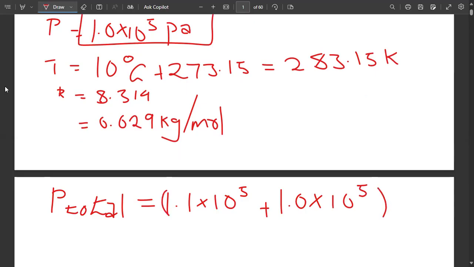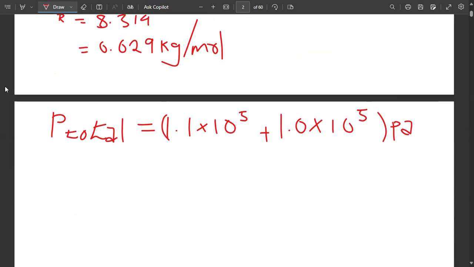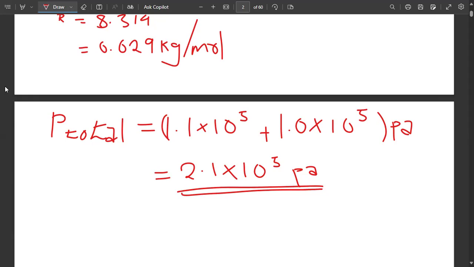Both of these are in Pascals. So our P total will be equal to 2.1 times 10 to the power 5 Pascals. This is the total pressure that we're dealing with.